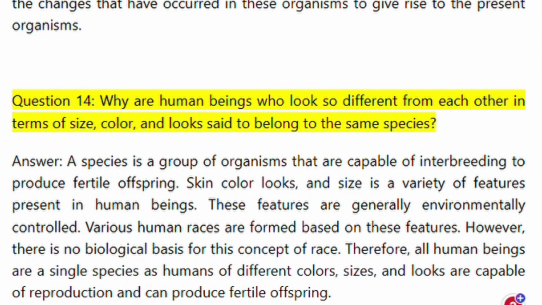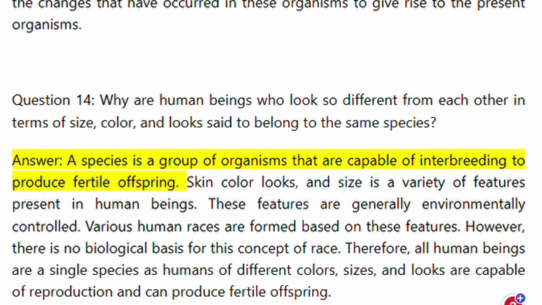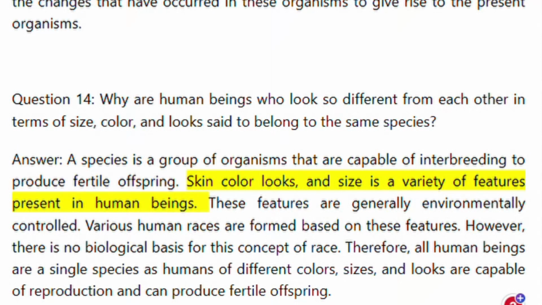Question 14. Why are human beings who look so different from each other in terms of size, color, and looks said to belong to the same species? Answer. A species is a group of organisms that are capable of interbreeding to produce fertile offspring. Skin color, looks, and size is a variety of features present in human beings.